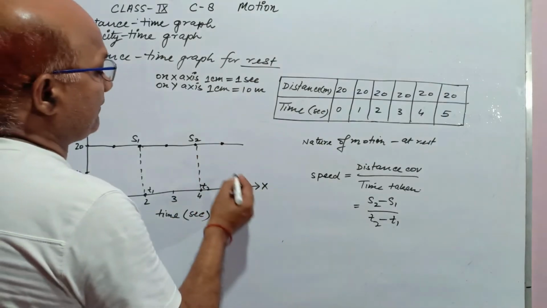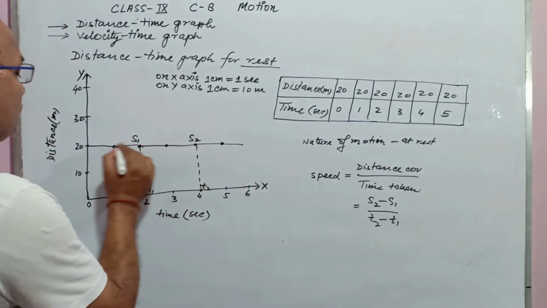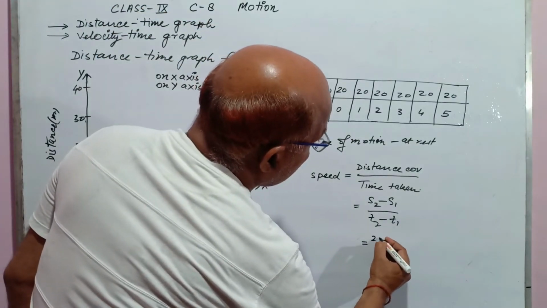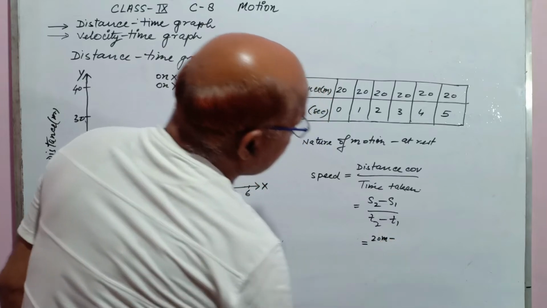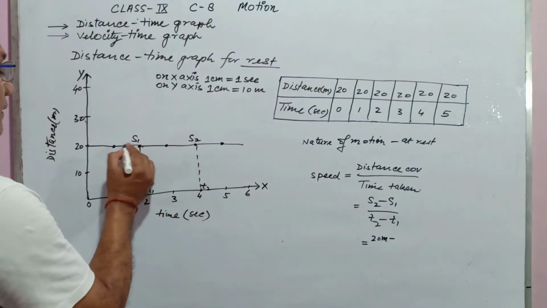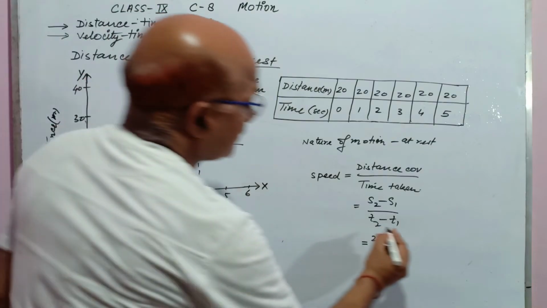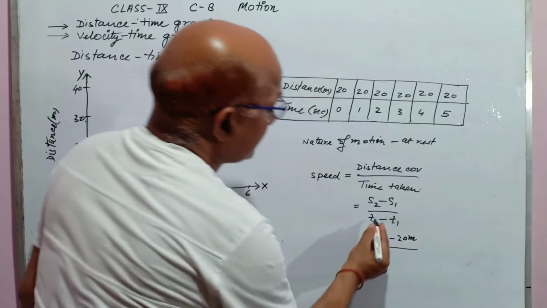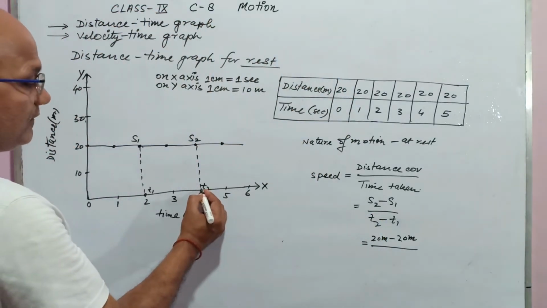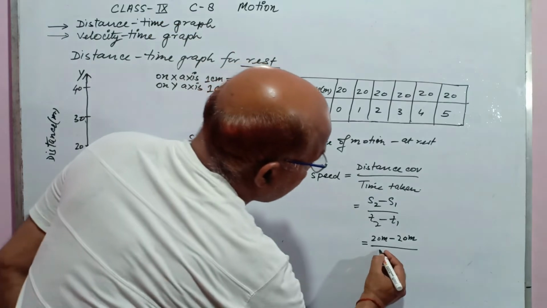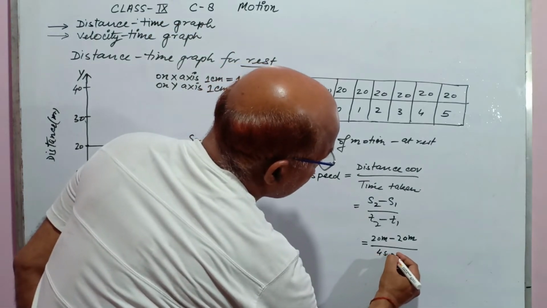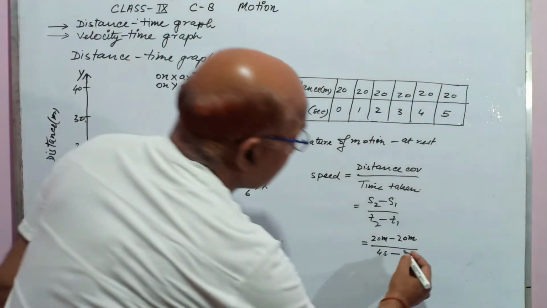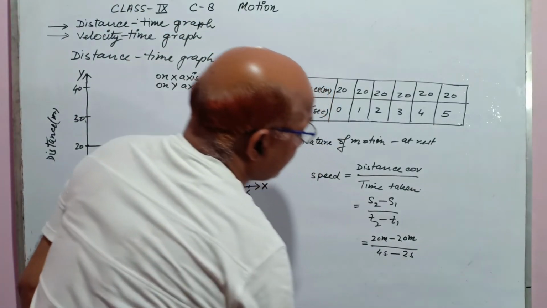So now we will put the values. S2 means 20 meter, 20 meter minus S1 is again 20 meter, upon T2 means 4 second minus T1, it is 2 second.